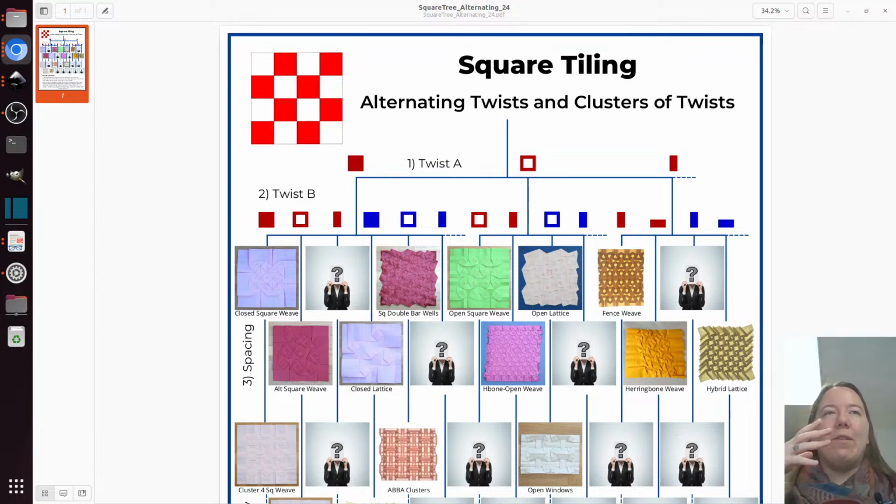So that's my goal, that everyone can fold independently whatever pattern they like.